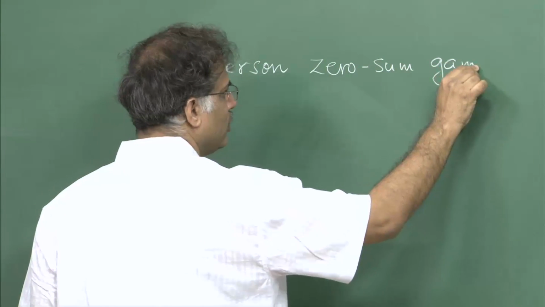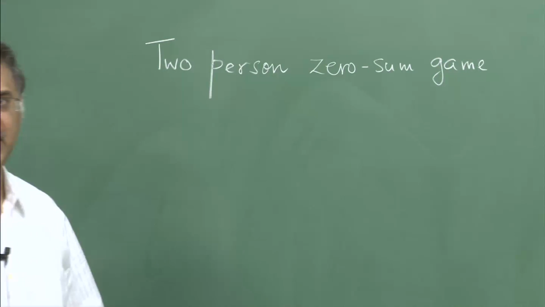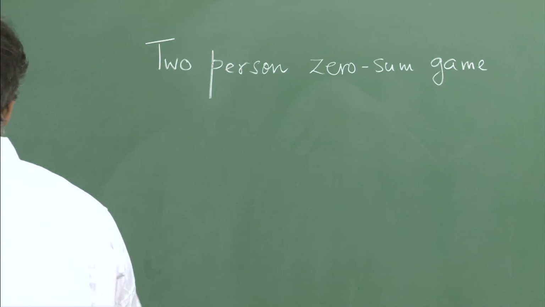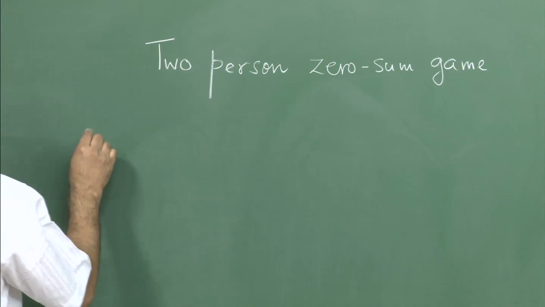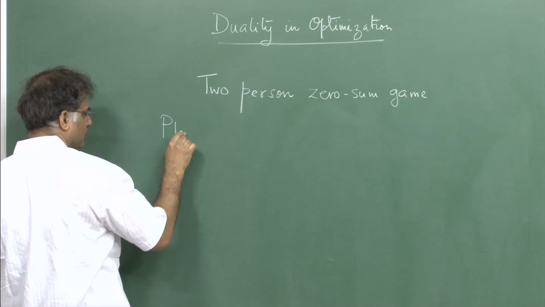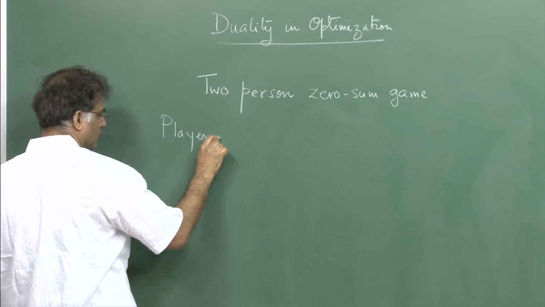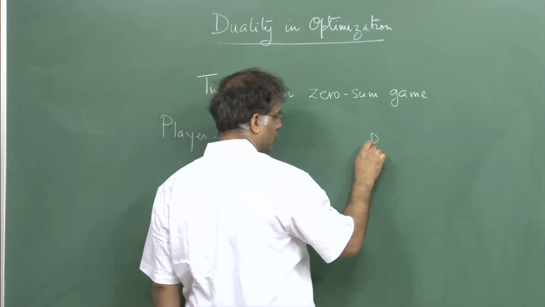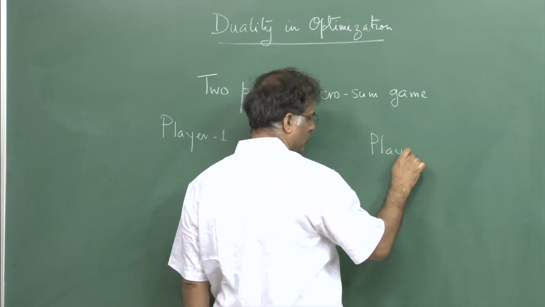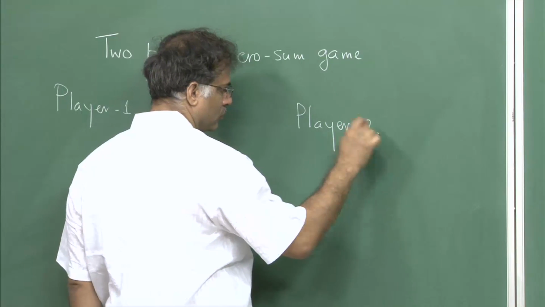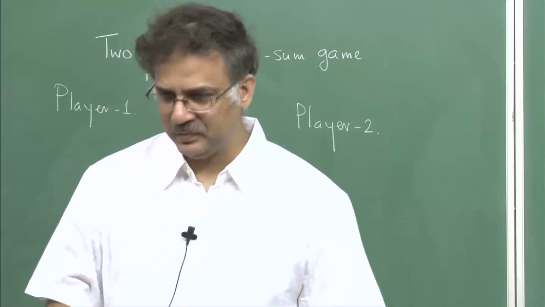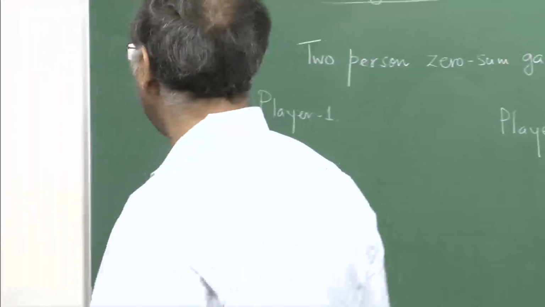A two-person zero sum game means there are two people who are playing a game. There is a player 1 and there is a player 2.